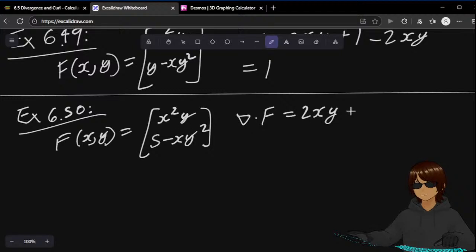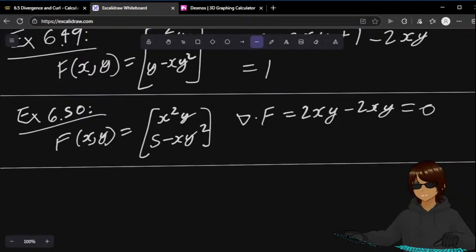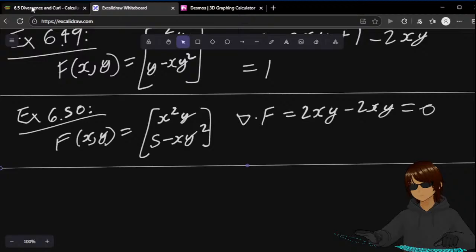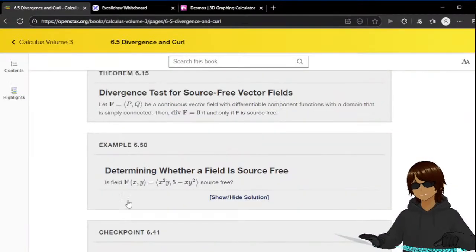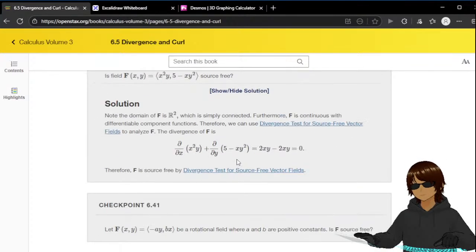This becomes 0, and this becomes 2xy, which is 0. So it is source free, right? So the condition for being source free is that the divergence is 0.